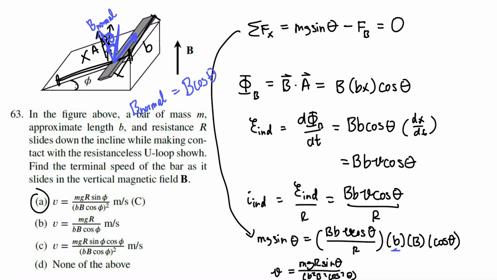For all these types of problems, the first thing you always want to do is find the magnetic flux equation, because from there you're already setting yourself up for success. Once you have the magnetic flux, then you can find the induced EMF, find the current, find the force, and do all these things. If you're ever stuck in an electromagnetism question, which you should be able to immediately tell it is if there's anything relating to terminal speed or changing magnetic field or changing area, or things moving relative to each other, just find the magnetic flux if you're completely lost.